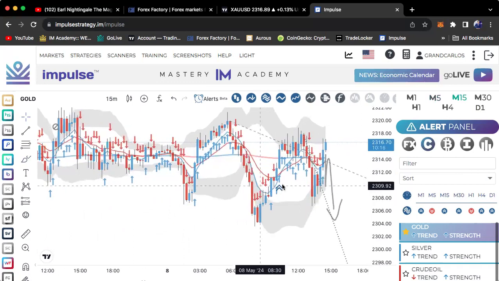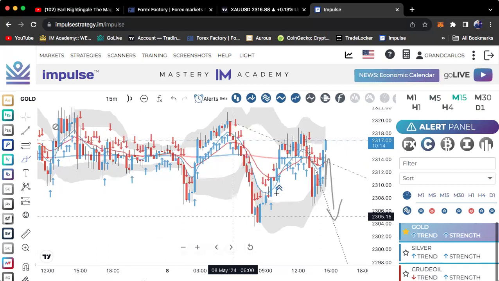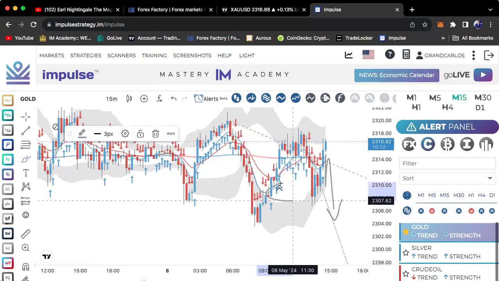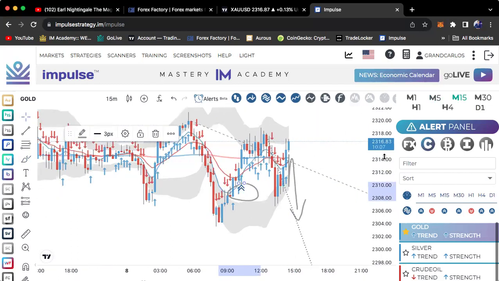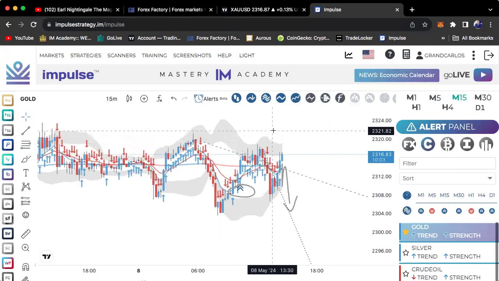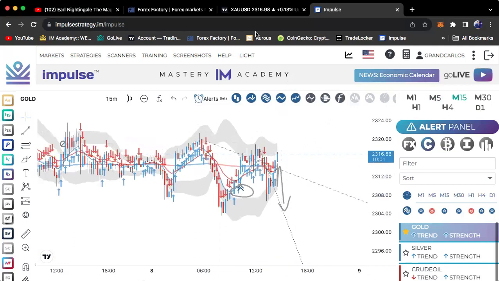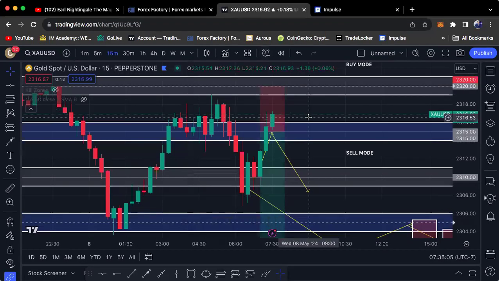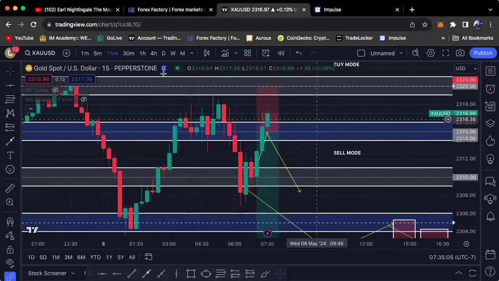See that right here? So nah, I'm not taking this right now. It's giving me blue signals right now, so price is just retracing.